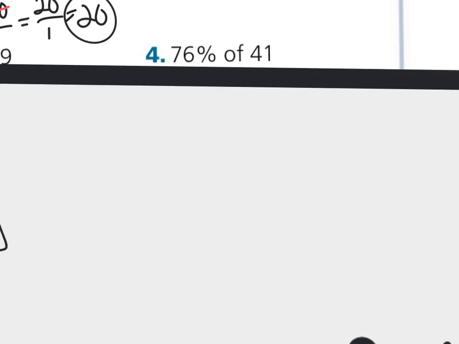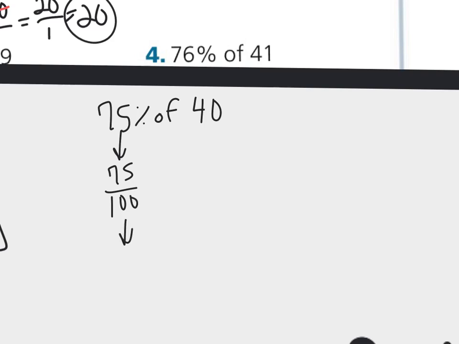Number 4, 76%. You could say it's close to 75%. And then 41 is close to 40. 75%, just to show another different way here, if you reduce that down to 3/4. We did a fraction earlier, but we didn't really have to reduce it.